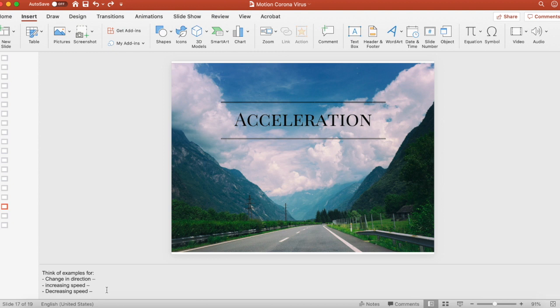Decreasing speed. A sloth could be moving down a tree at 5 inches per hour and slow down to 1 inch per hour.